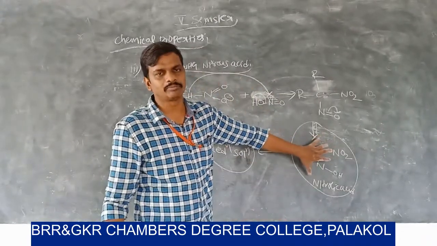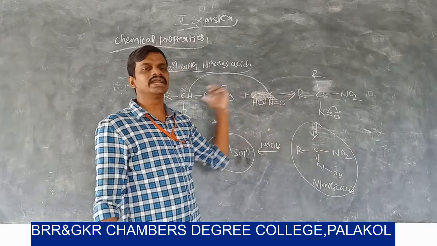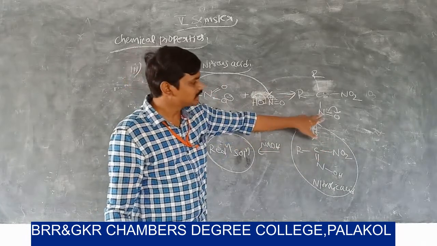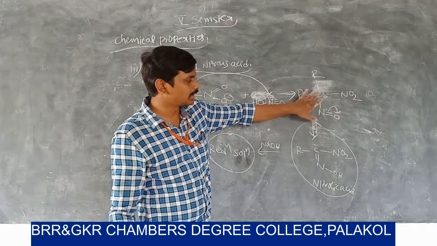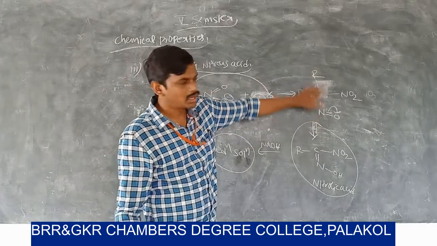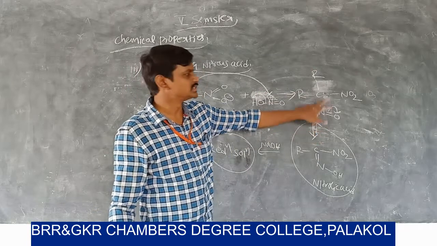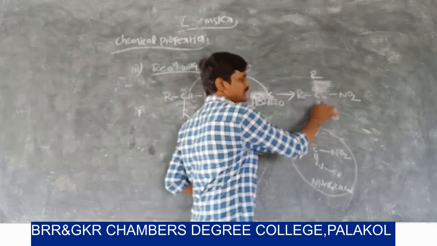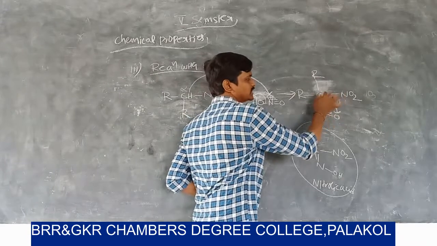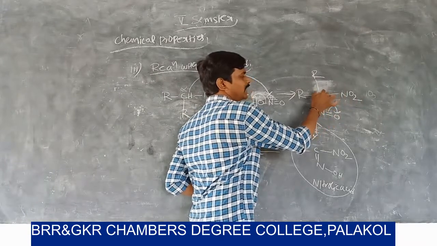Here the tautomeric step is not possible for secondary nitrohydrocarbons, because after the nitrosation reaction this group does not have alpha hydrogen atoms.